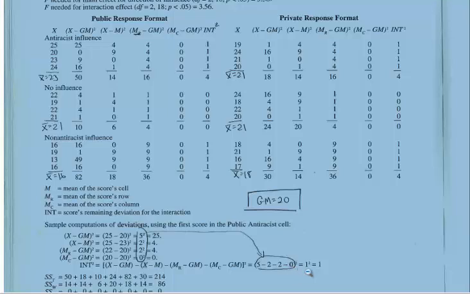So we have one unit left over. We square that, so this individual is contributing one squared unit of interaction that we have not explained. You'll see that every individual within a cell contributes the same amount of interaction.